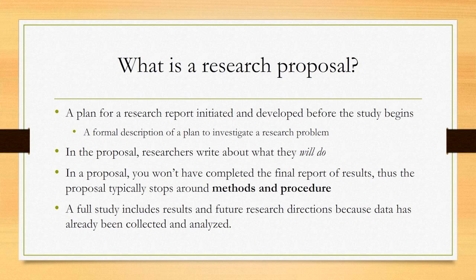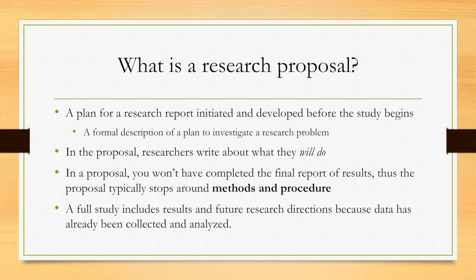In the proposal, researchers write about what they will do as opposed to what they have done. So you're going to organize your research proposal in terms of what you plan to do versus what you've already done. You won't have a complete results section, especially for those of you who are new.